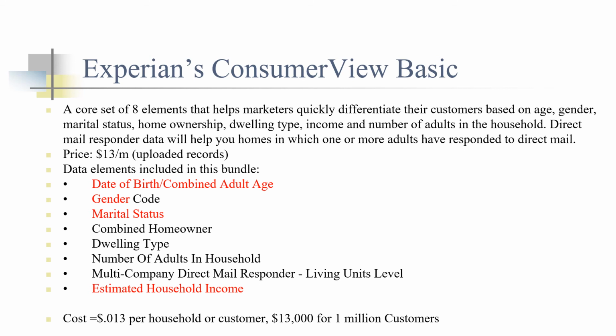Now, it's important that we note here that it's estimated household income because that data is what we refer to as imputed data. And we'll talk more about that when we talk about list management. So the cost is 1.3 cents per household or customer, or $13,000 for each 1 million customers that you have. So this is very inexpensive.